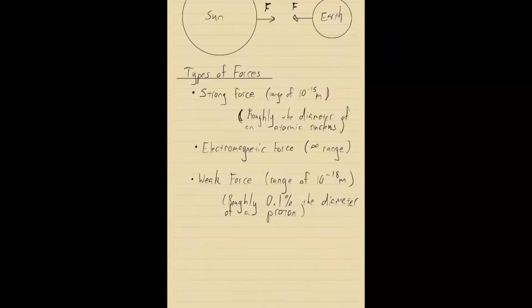And last but not least, we have the gravitational force. So the gravitational force also has infinite range. The Andromeda Galaxy is very, very far away from our Milky Way galaxy, but the gravitational effect of something from the Andromeda Galaxy can still be felt by something in our galaxy.